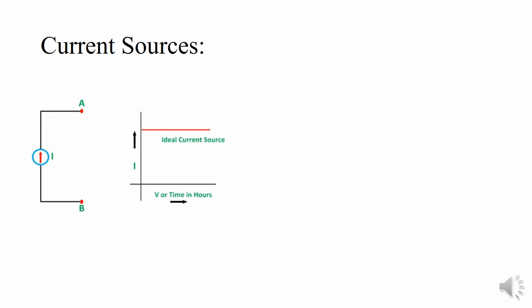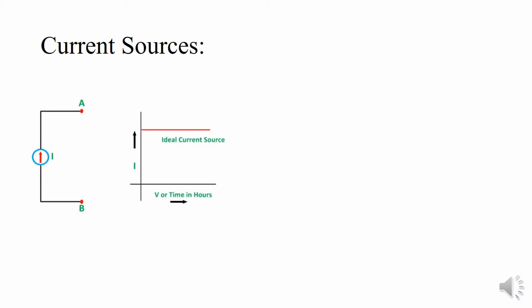Here you are seeing the first figure where current I is flowing between points A and B, and those points A and B are connected to the network, where the network is supplied energy through this current source I. Since there is no opposition for this current, whatever current is supplied is completely transferred to the network, and hence this current source is called an ideal current source.